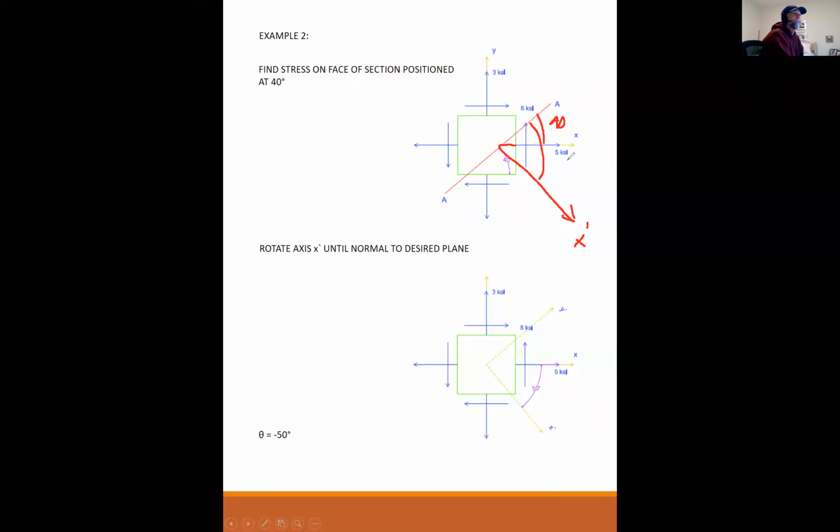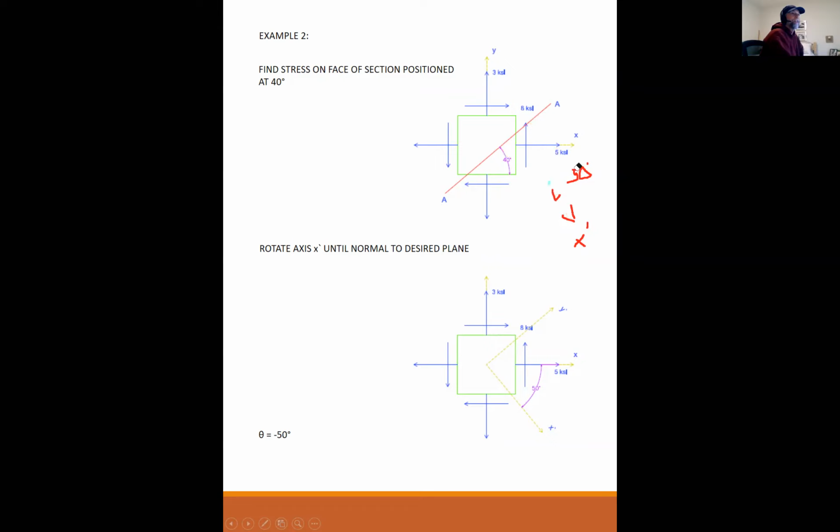So the whole angle is 90. So this angle is going to be 90 minus 40, which is 50. But it's not 50 because it's going clockwise. So it's minus 50. Does that help? Yes, thank you so much. Okay.